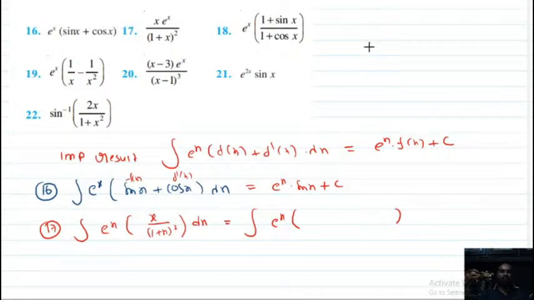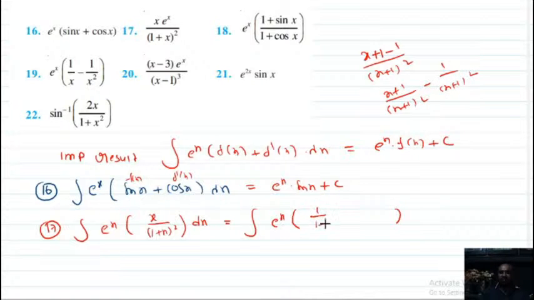In the numerator, one is added and one subtracted: x plus 1 by x plus 1 whole square minus 1 by x plus 1 whole square. This is nothing but 1 by 1 plus x plus minus 1 by 1 plus x whole square.